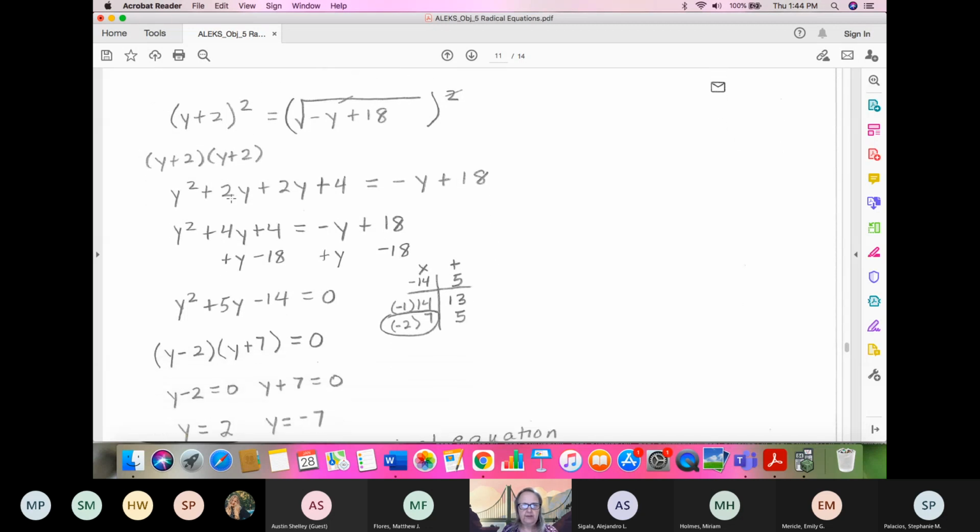So let's combine these like terms. 2 plus 2, that's 4y in the middle here. And then I copied that down, and that down, and this down.